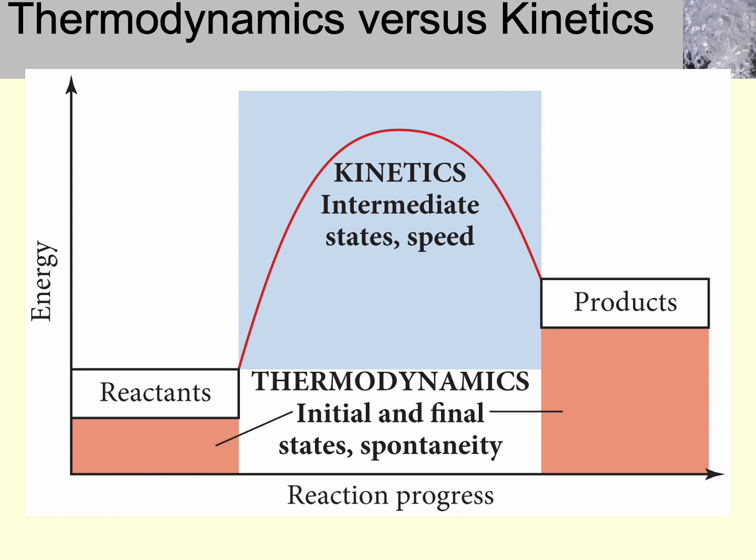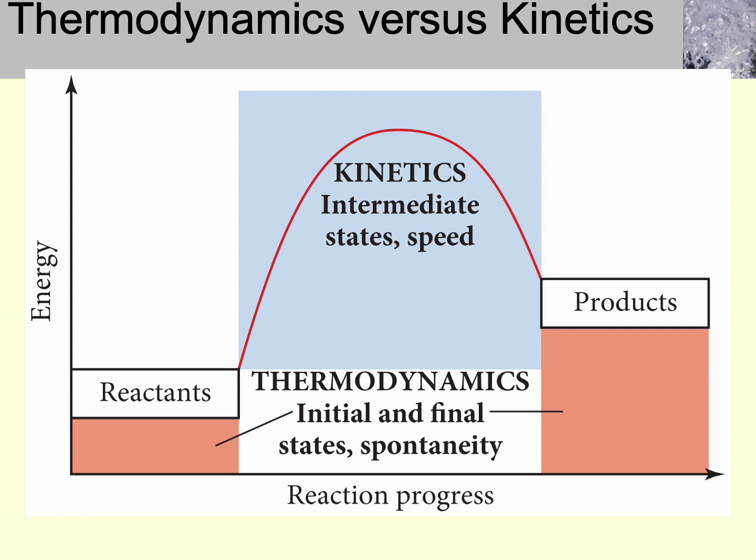So this is an energy diagram, and in an energy diagram we have energy on the y-axis and reaction progress on the x-axis. So thermodynamics, initial and final states, spontaneous in the shaded area here.